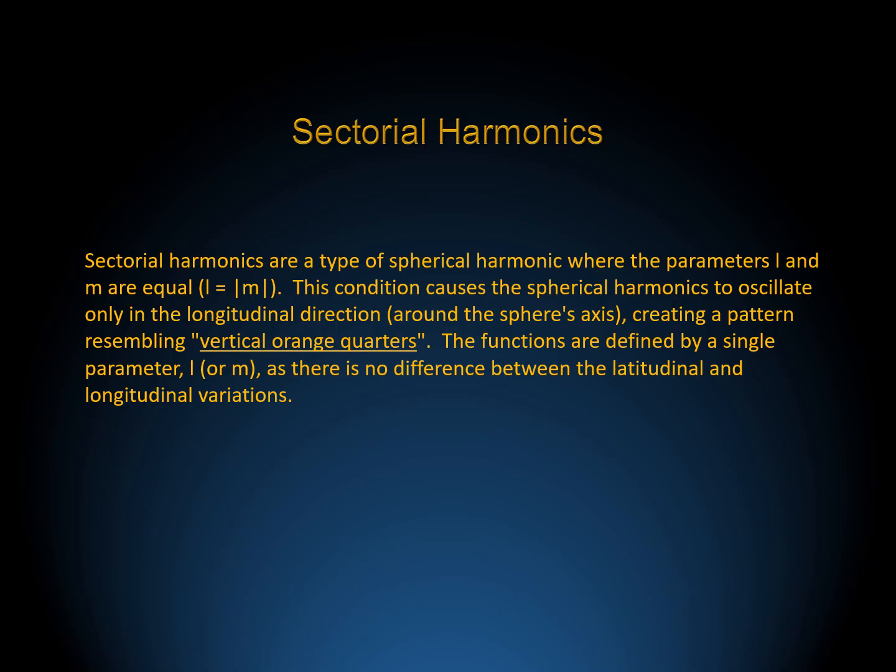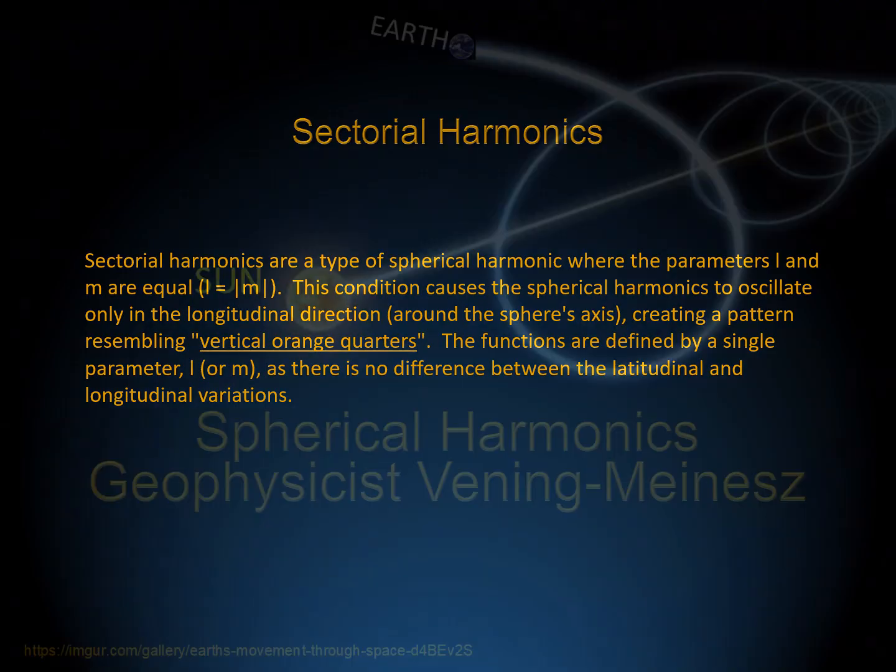The functions are defined by a single parameter, L or M, as there is no difference between the latitudinal and longitudinal variations. The pattern resembling a vertical orange quarter is presented and developed further later on in this presentation.